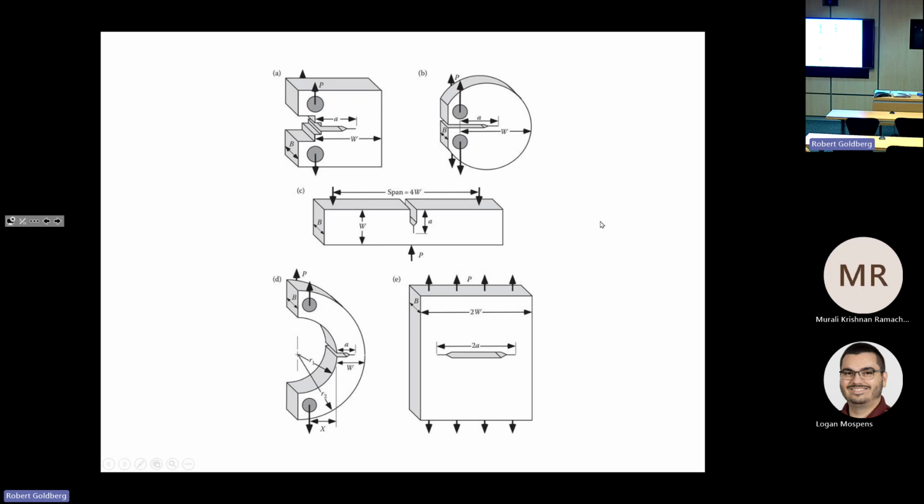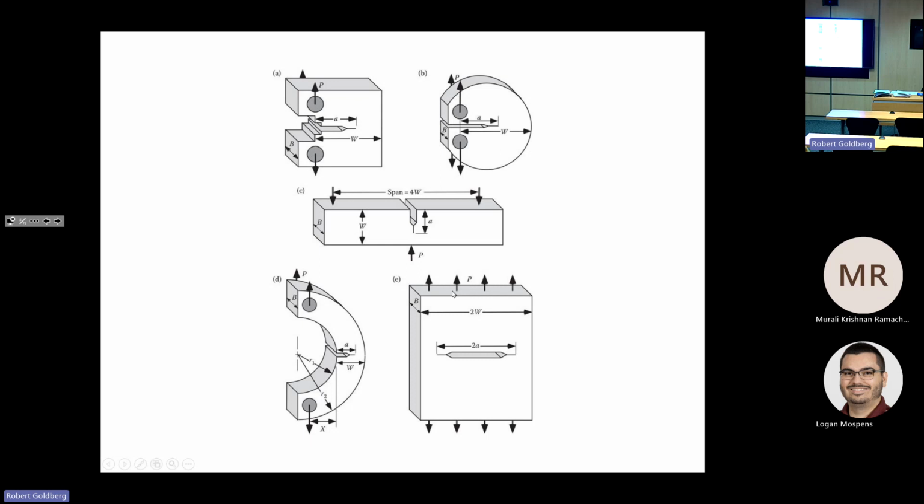So here are 5 types of specimens that are permitted in the ASTM standards to characterize the fracture initiation and crack growth. Now, no standard allows all 5 of these configurations, and the design of a particular specimen type can vary between the standards.